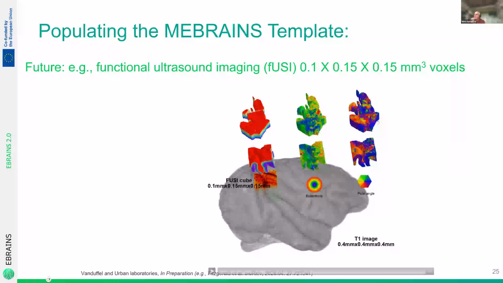On top of that, this kind of information can be related to human data. We forgot, and we don't have time to go into it, but on the human front in EBRAINS, they're also building these receptor density maps and so on.